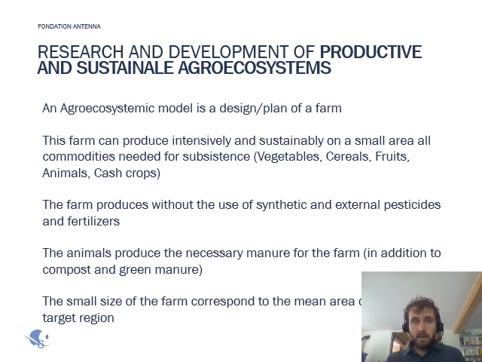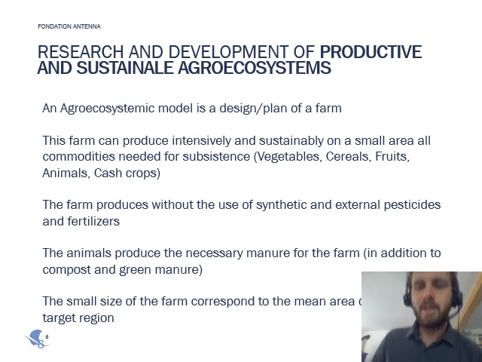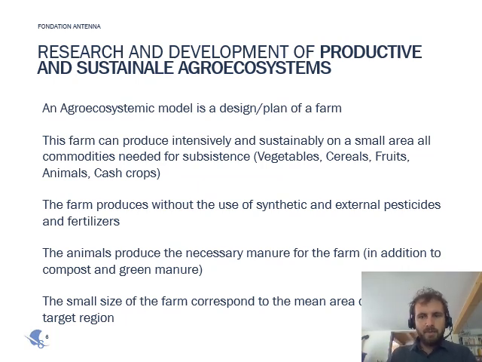Then what is an agroecosystemic model, this solution that we try to develop at Antenna? It is basically a design, a plan of a farm that can produce intensively and sustainably on a small area all commodities needed for subsistence. The farm will produce vegetables, cereals, fruits, animals, and cash crops. It is an agroecological, organic farm.